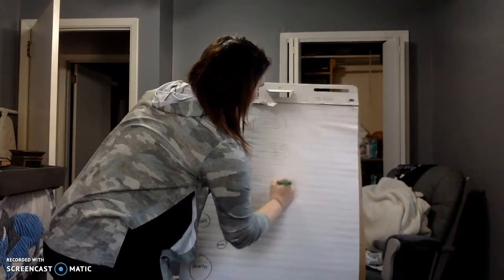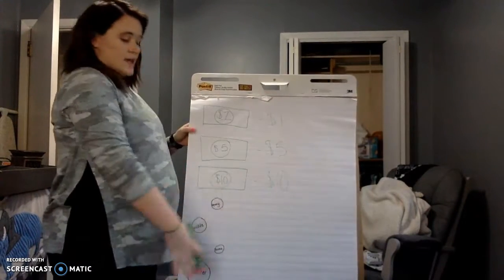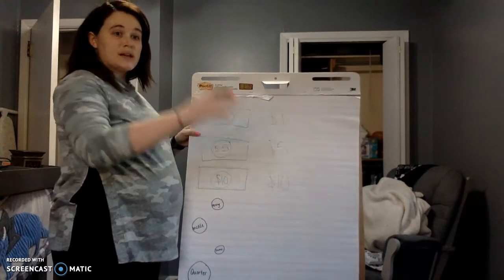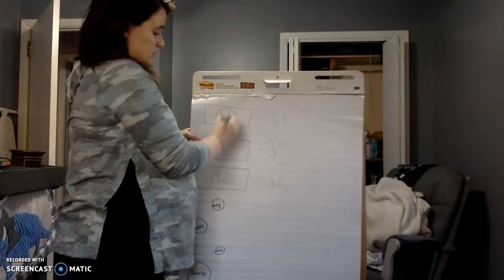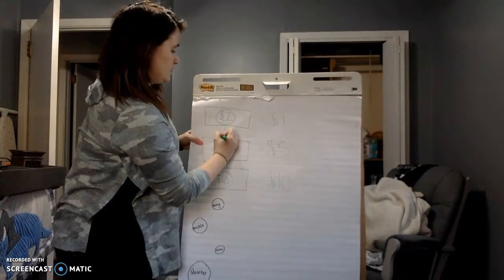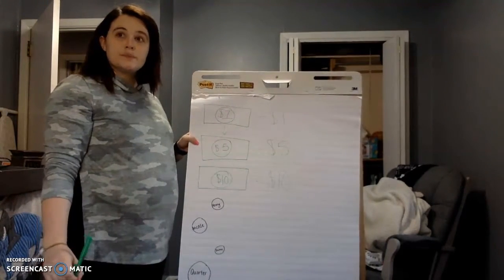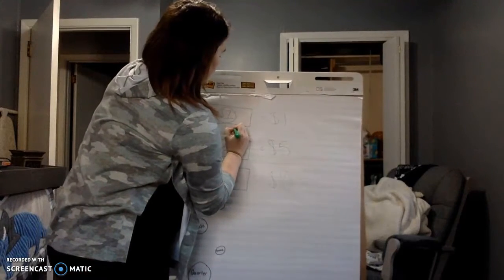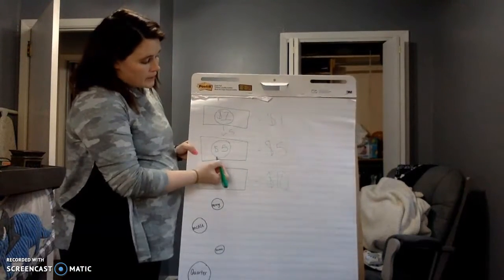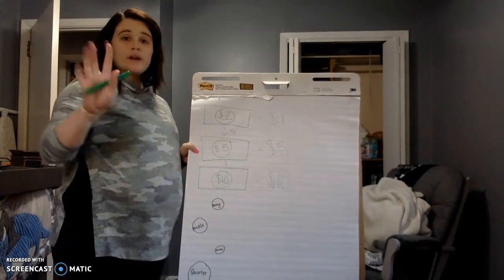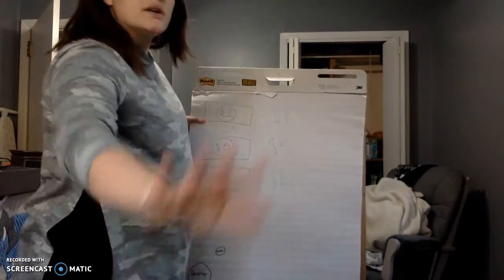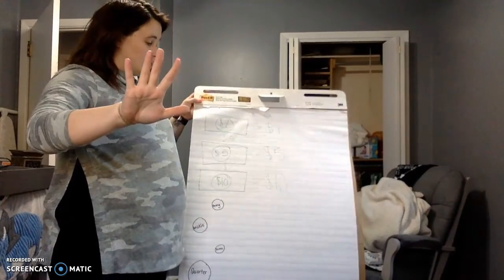$10. Now, before we move on to our cents, our change, let's do some equivalents. So how many $1 bills does it take to make $5? Very nice. We need 5. What about how many $5 bills do we need to make 10? If I have one $5 bill, I have $5 and I need to get to 10.